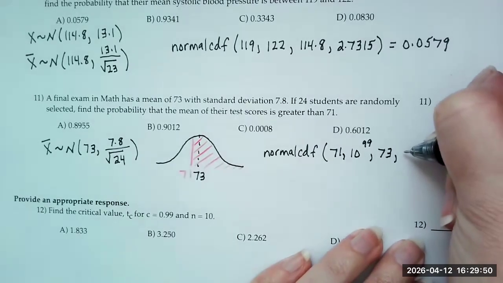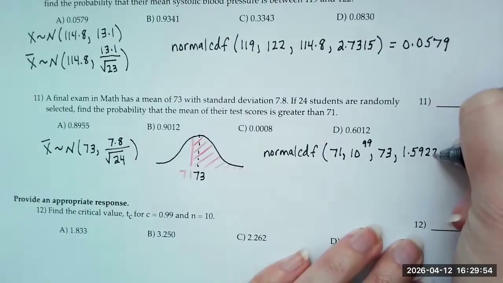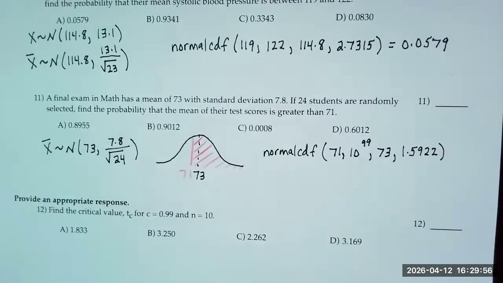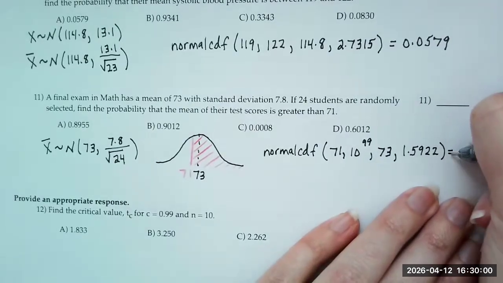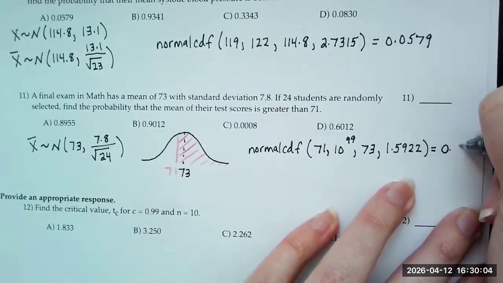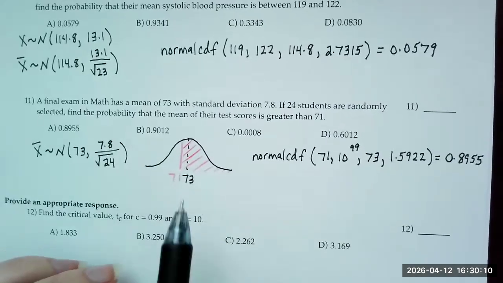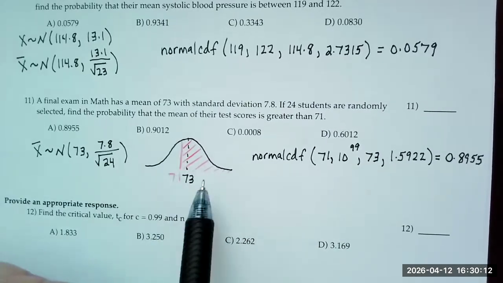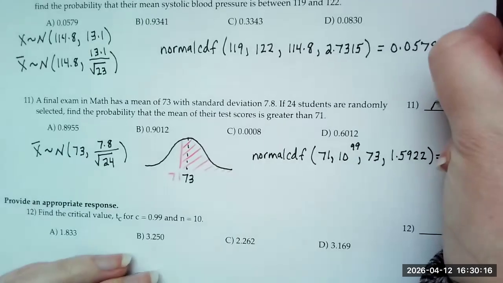That comes out to be 1.5922 approximately. And putting those four numbers into the calculator for the normal CDF is going to give us 0.8955. So a little bit more than what the picture was looking like, just based on how I drew it. It was answer choice A for this one.